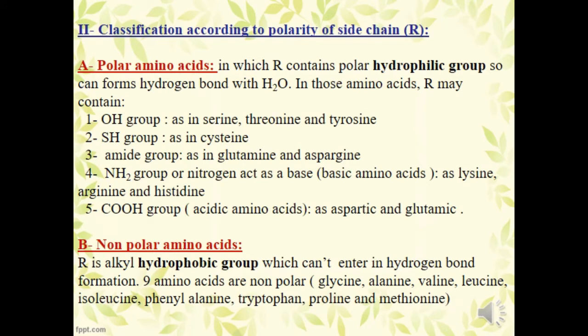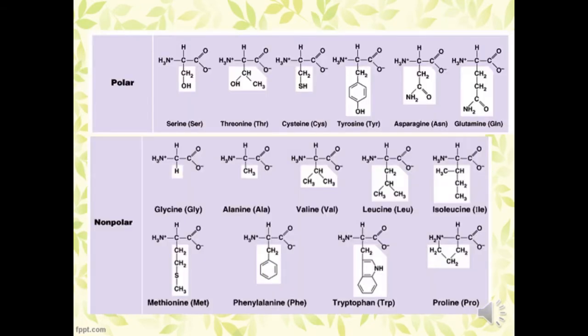So you have to memorize this. There are only 9 non-polar amino acids, and the rest are polar. So it is easy for you to remember: non-polar, and the rest are polar. These are the structure groups based on polar and non-polar groups.